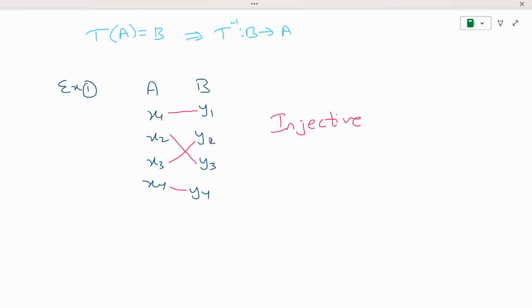So each element is the image of at least one element in A. So it is surjective, hence it is bijective.